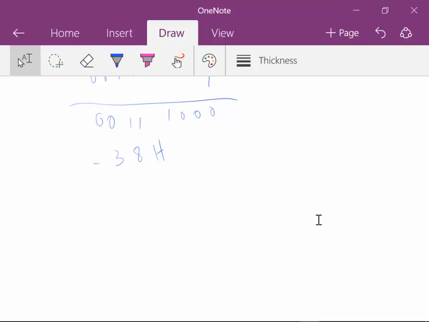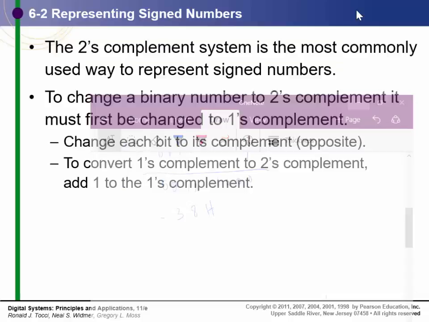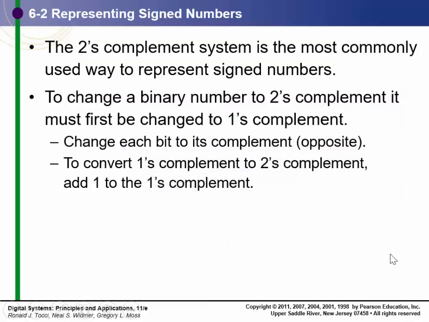So when we change the number, first to the ones complement, you almost never hear the term ones complement, and then add 1 to the ones complement. There's a shortcut way of doing this. I almost hesitate to say the shortcut way, but I'm going to say it anyway.